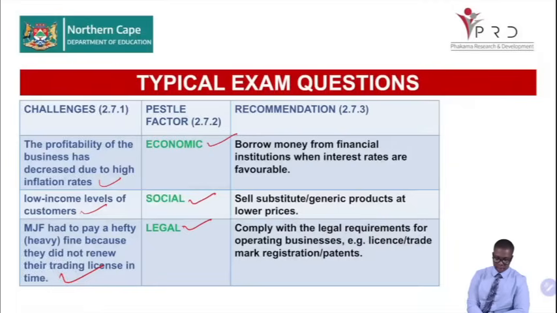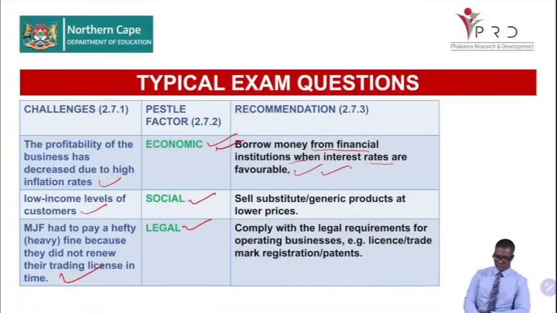Has decreased due to high inflation rate, meaning the general increase in the prices of goods and services caused by the economic conditions. So how to deal with each, when you look into an economic factor? If a business, for instance, would want to borrow money during high inflation, they should borrow money from financial institutions when the interest rates are favorable.